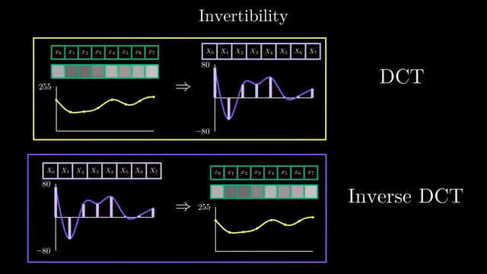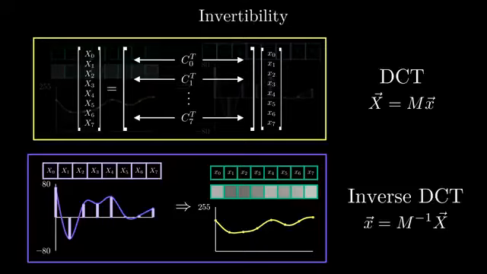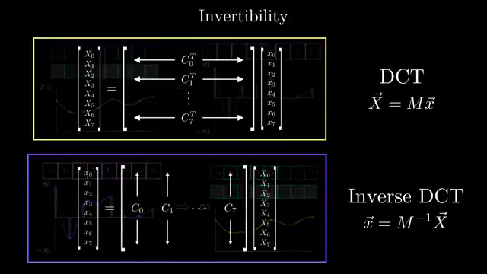And it is the exact same signal. No information is lost in this step. How we do that is by multiplying our coefficient representation with the inverse of the matrix. What's cool about this is that because of the orthogonality of the vectors, the inverse is just the transpose of our original matrix with some additional normalization constants.